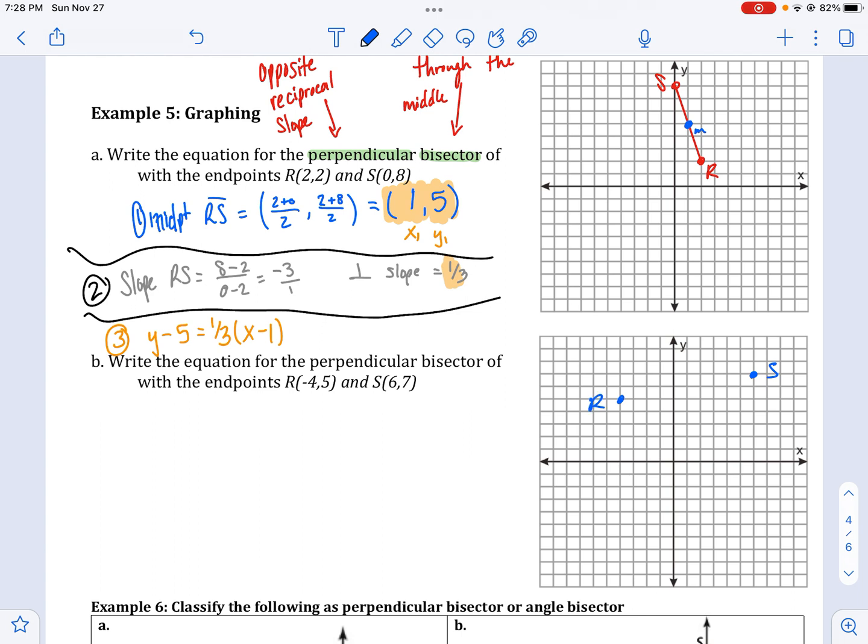So what I would ask you to do is pause the video, try to find your midpoint and your slope for RS, and then once you've got your midpoint and your slope for RS, then we can start writing our perpendicular bisector equation.